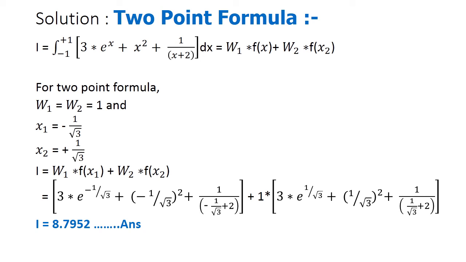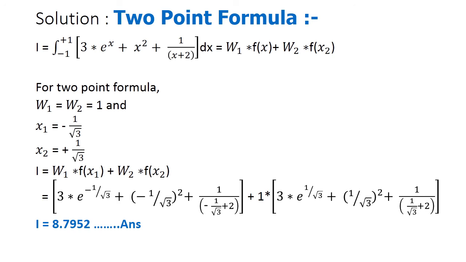After substituting these values, we get the equation 3 into e raised to x1, therefore it will become e raised to minus 1 upon root 3, plus it is x squared, therefore minus 1 upon root 3 squared, plus it is 1 upon x plus 2, therefore 1 upon minus 1 upon root 3 plus 2, plus 1 into f of x2.